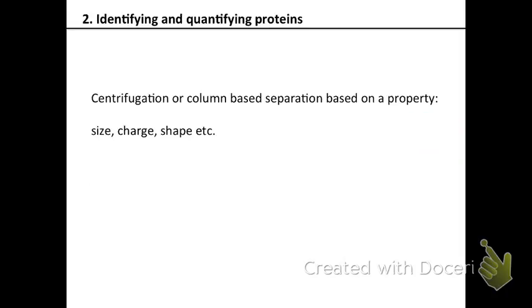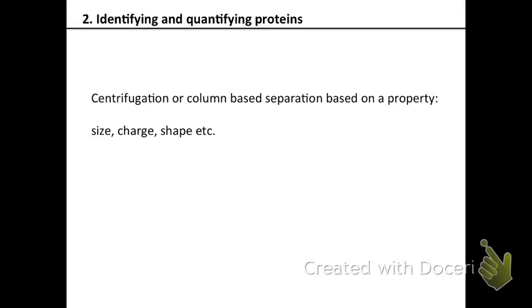So you have already learned through the semester that there are different ways in which we can study protein structure and function. Some of these basically try to identify and quantify proteins, and some of these techniques, actually all of these techniques, are based on some property of the protein, such as the size, the charge of the protein, or the shape of the protein, right?